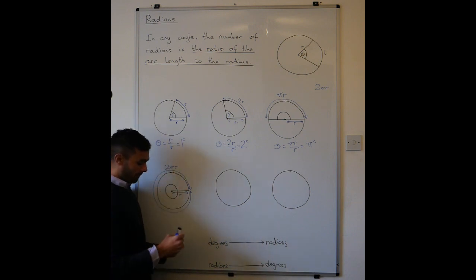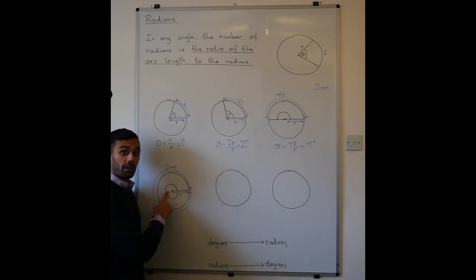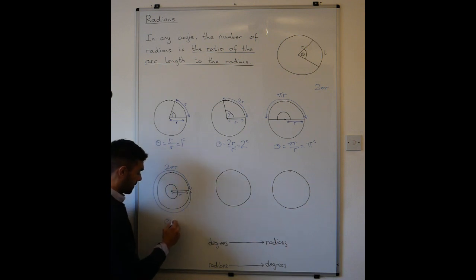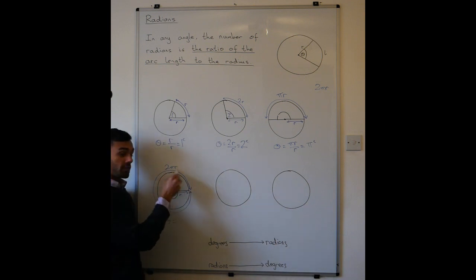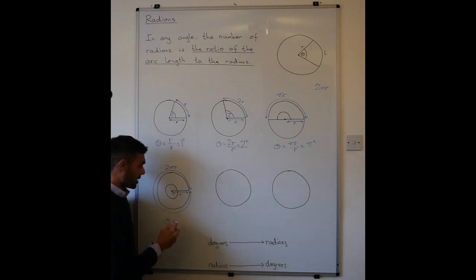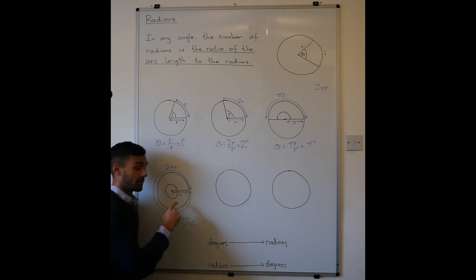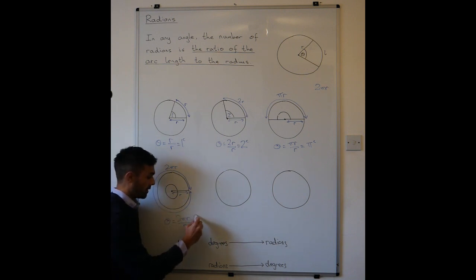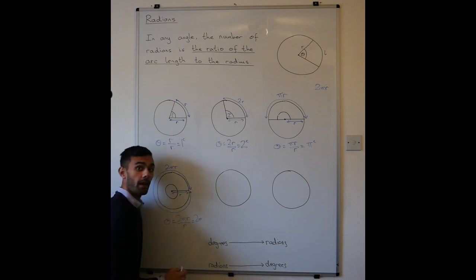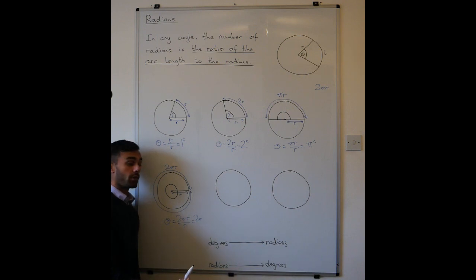It's 2 pi r. What's the angle on the inside? It's the ratio of this arc length to the radius, which means this angle in here is 2 pi. And that's why 360 degrees is the same as 2 pi radians.